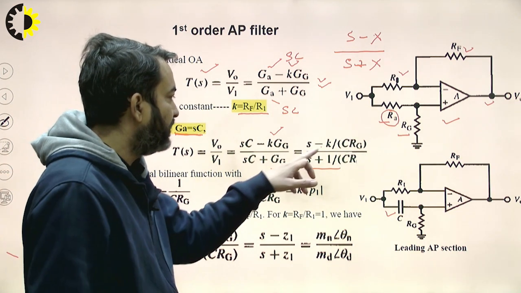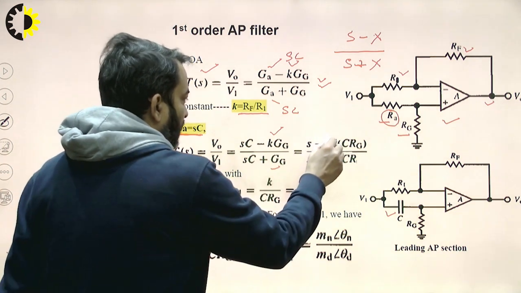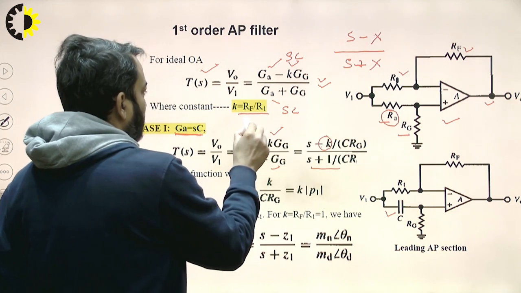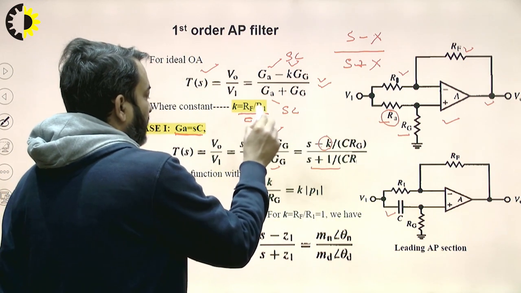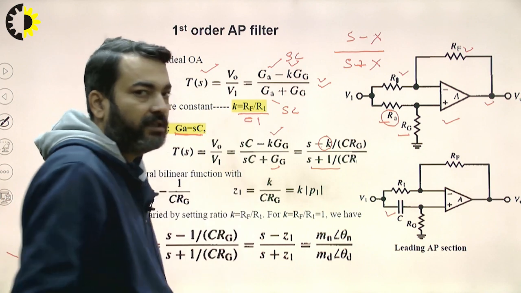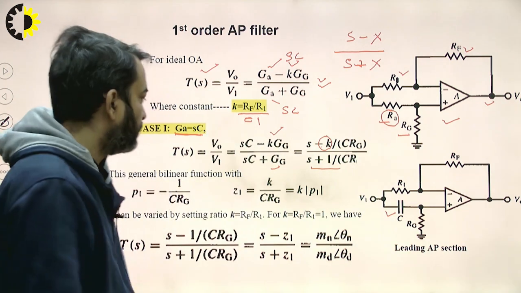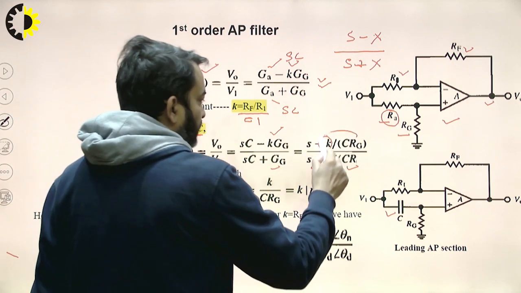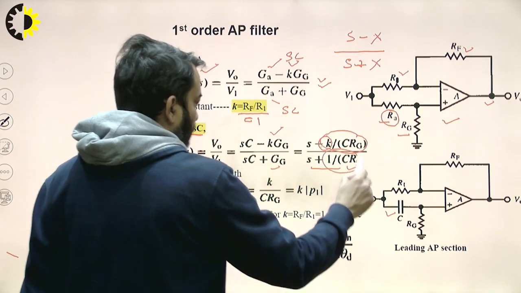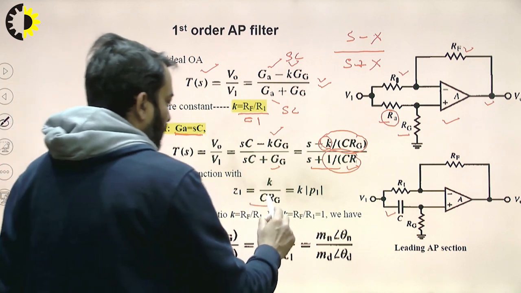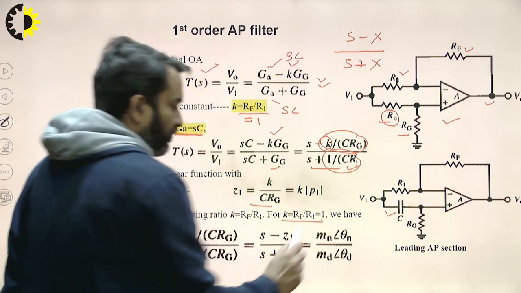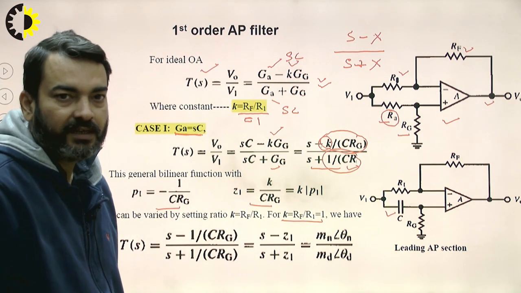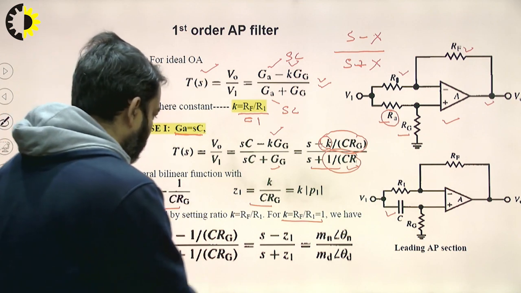Here we can set K equal to 1, by taking both the resistance values equal. In this generalized case, this is the zero frequency, this is the pole position, and by setting K equal to 1, we will get the all pass condition.